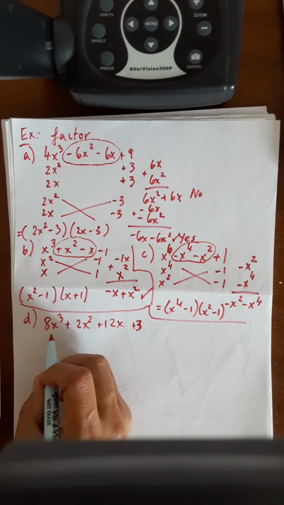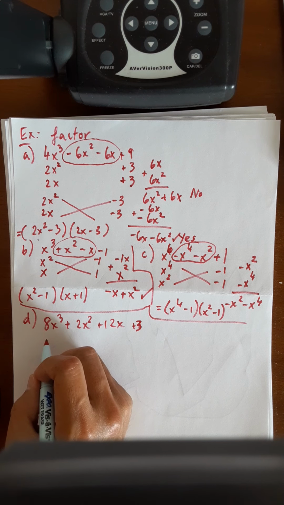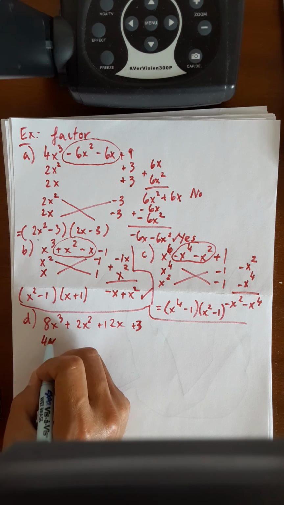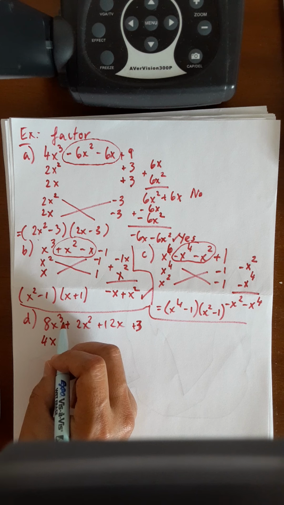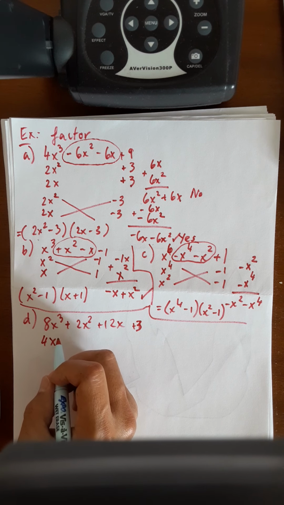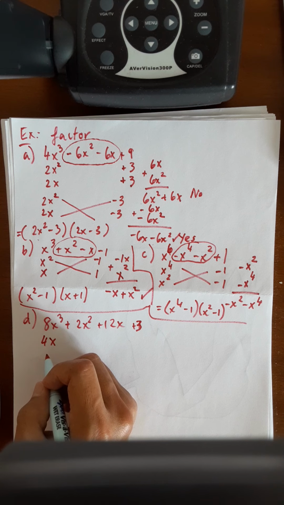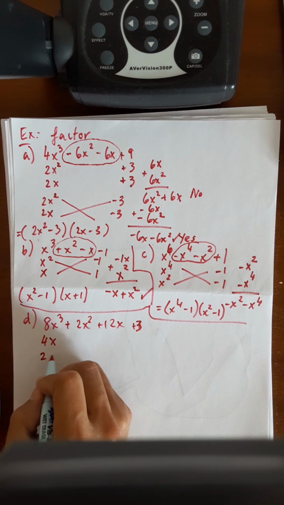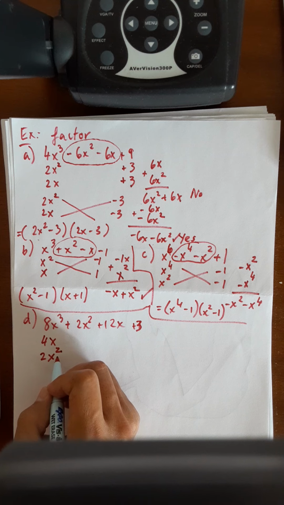I can break up the first term. 8x cubed, what two things multiply to give it? 4x times 2x squared, or 4x squared times 2x. Now which one do I want to use? The middle term is 2x squared, so I might want to break down the 2x squared first, because I want to keep the 2x squared.